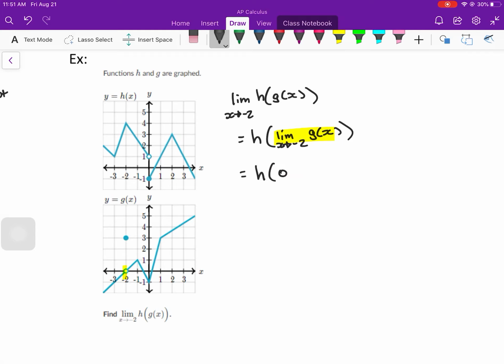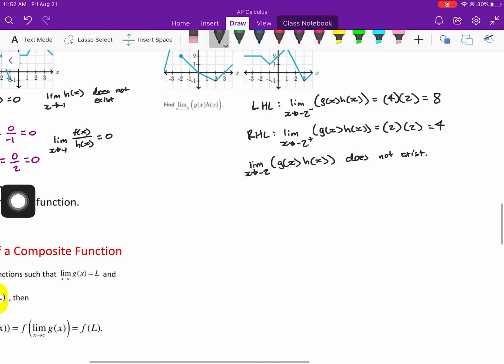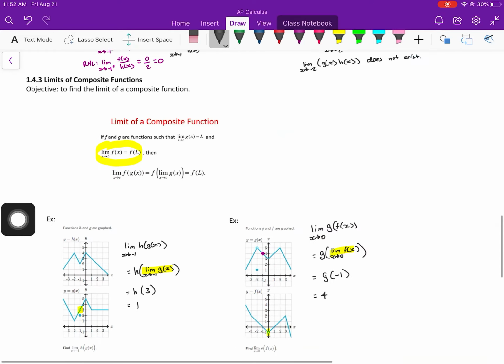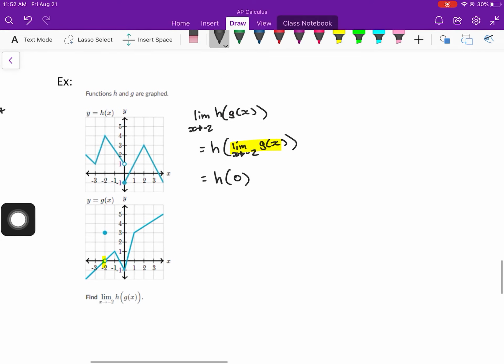So we have h of 0. And if we go to h of 0, you can see we have the jump discontinuity. So you're not going to answer with -1, even though technically h of 0 is -1, because it fails this test right here. We need this part to be true in order for this to work out. So this fails to begin with, and therefore this part will not work out. So we're going to have to say here that it does not exist.